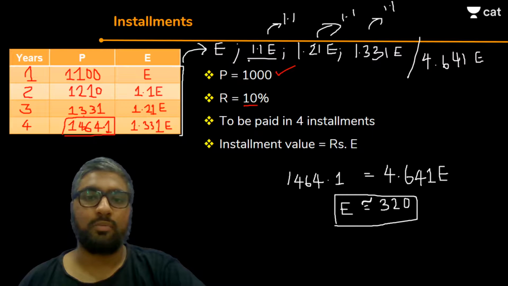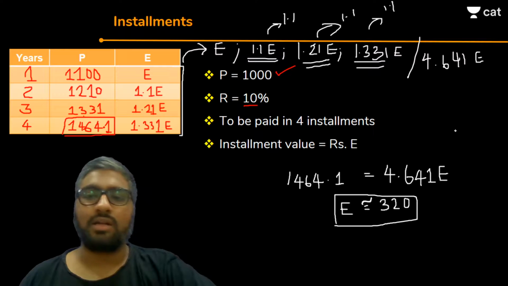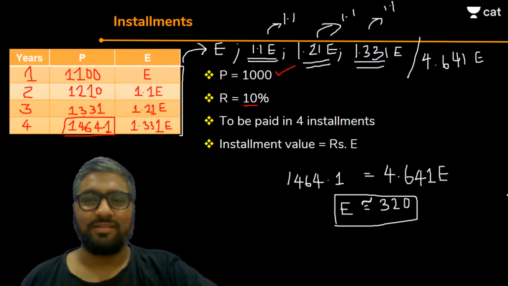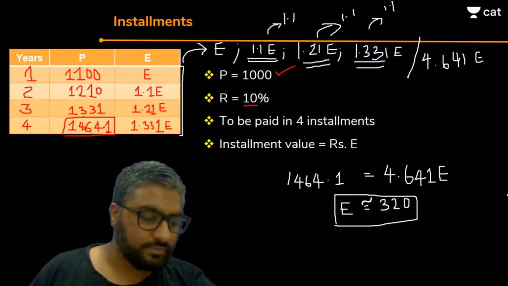That's 1.1 E. Third installment would be what? 1.21 E. Are you getting it? Fourth installment would be how much? 1.331 E. Although that's the case, we still call it what? Equal installment. Although they are not equal, that is the term. Any confusions here?